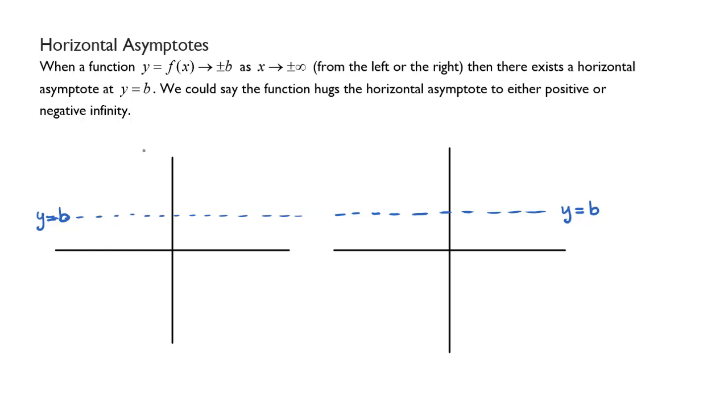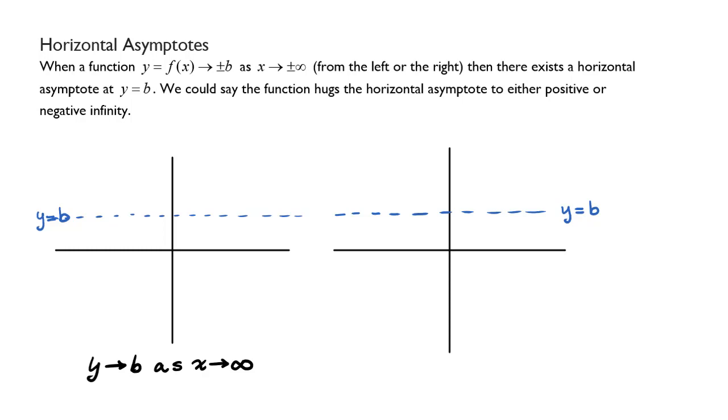When a function y equals f of x approaches plus or minus b, as x approaches plus or minus infinity, then there exists a horizontal asymptote at y equals b. We can say the function hugs the horizontal asymptote to either positive or negative infinity. So we can say y approaches b as x approaches positive infinity.